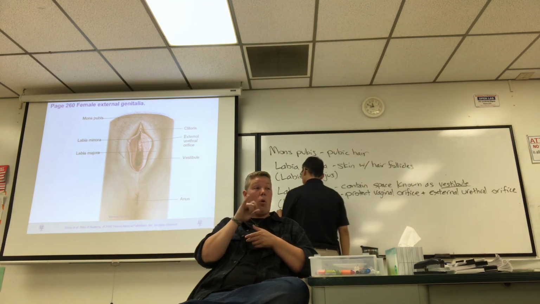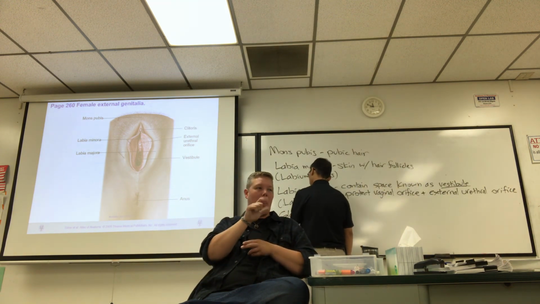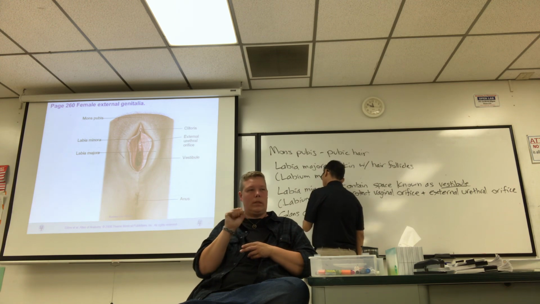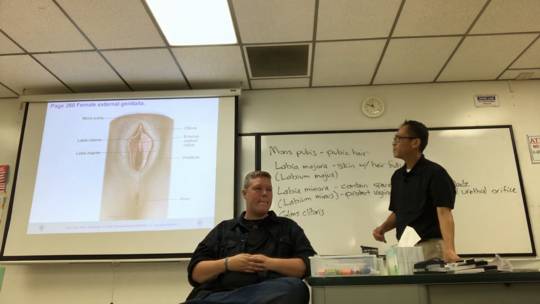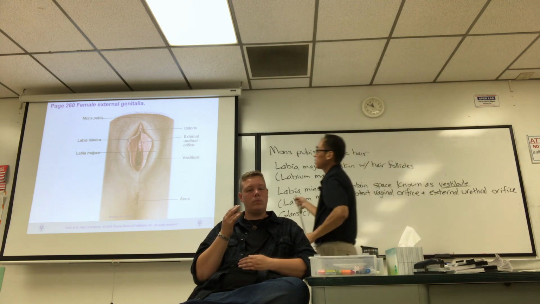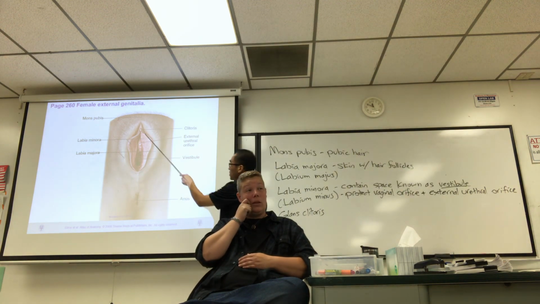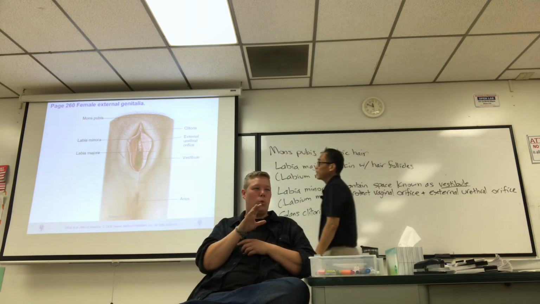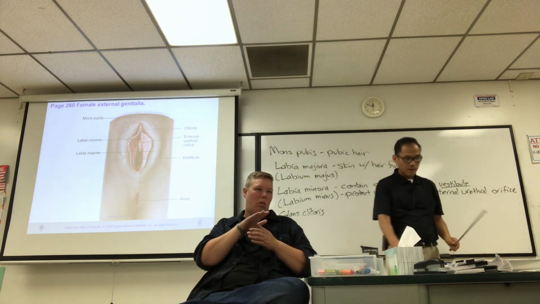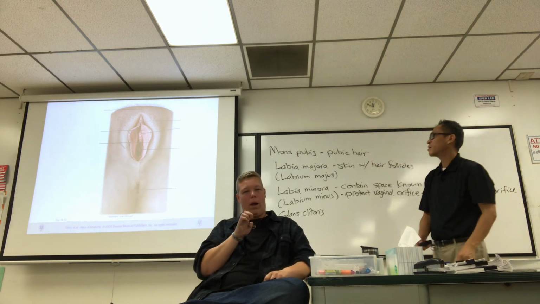Really, that's the glans clitoris. And the skin over it, like the foreskin of the penis, that's called the prepuce, but I usually don't test you on that. Okay, let's move on.